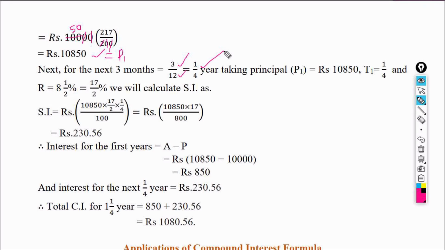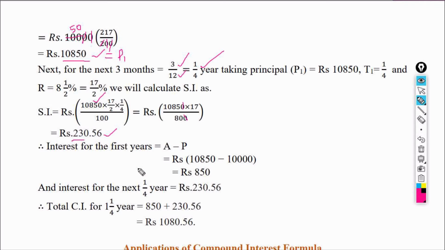Just calculate simple interest for 3 months, that is take 10,850 as principal, r is 17 by 2 and time is 1 by 4 year. Simplify it and cancel. After simplification you will get rupees 230 and 56 paise.